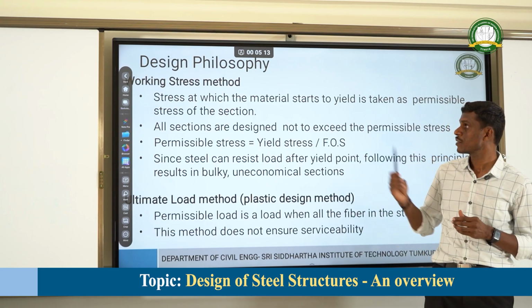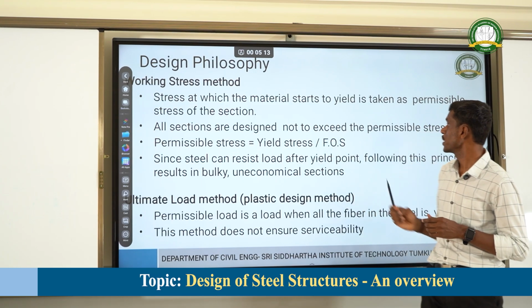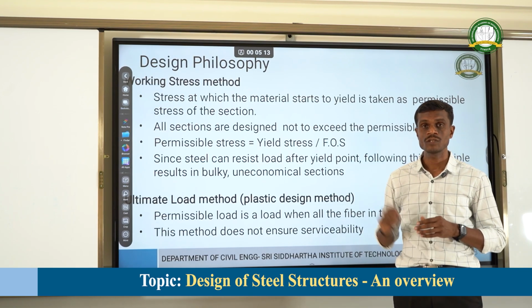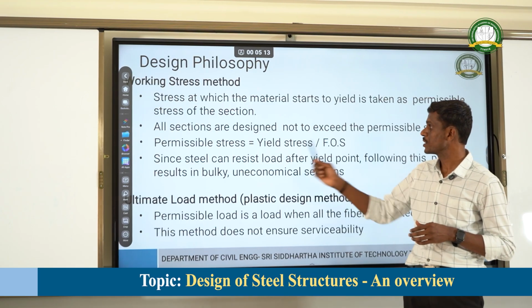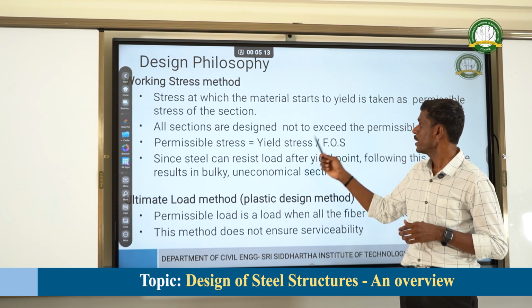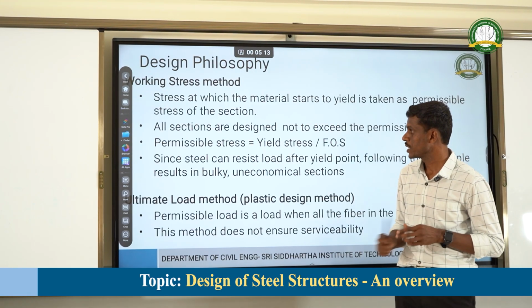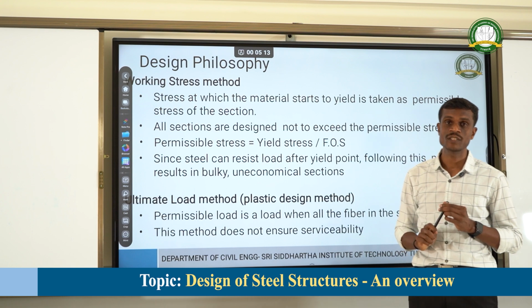Coming to the working stress method, the stress at which the material starts to yield is taken as the permissible stress for the section. This is the main criterion in the design of the working stress method. All sections are designed not to exceed the permissible stress, that is, permissible stress is equal to yield stress divided by factor of safety.